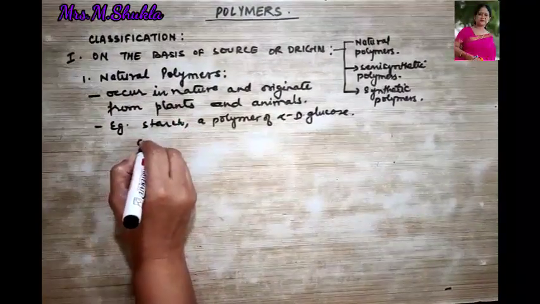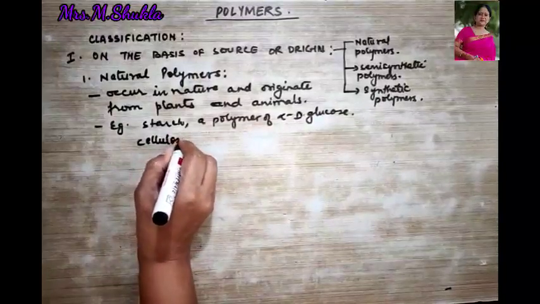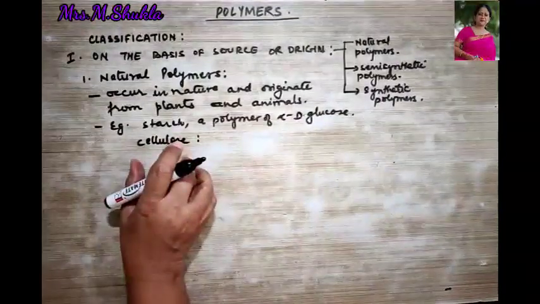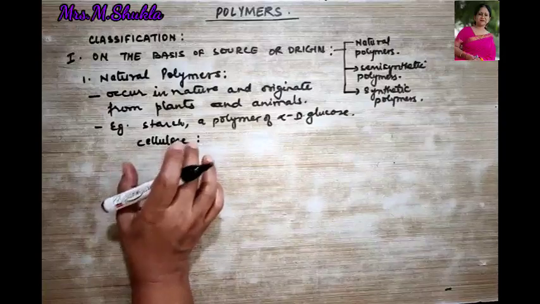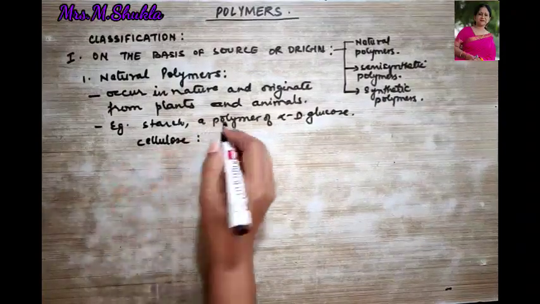Then cellulose. What is cellulose made up of? Its repeat unit is beta D glucose.